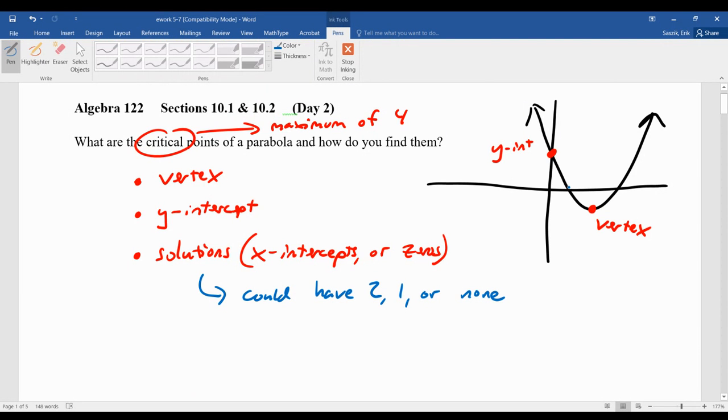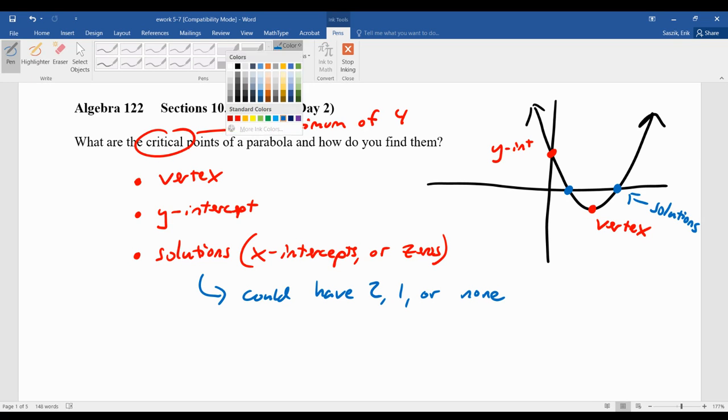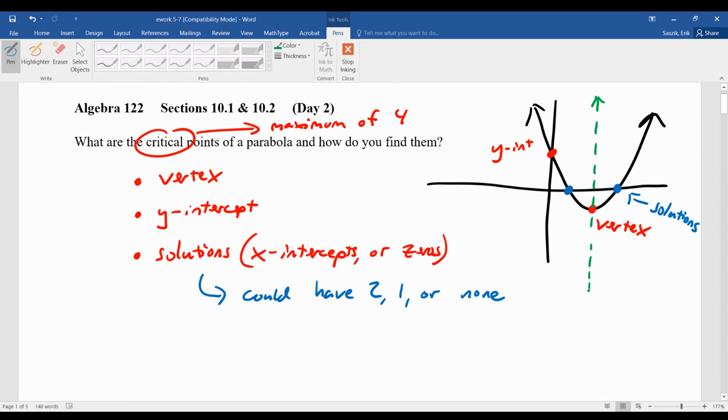And these 2 things here, of course, in blue would be the solutions. And this isn't really part of the parabola, but we talked about this the other day. This thing here is called the axis of symmetry. Okay.